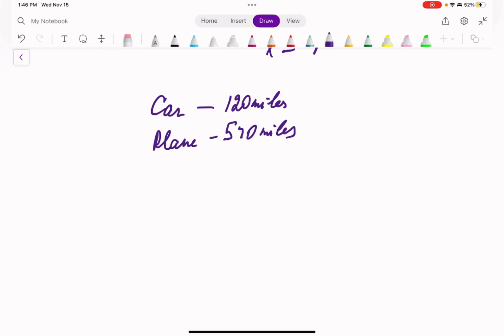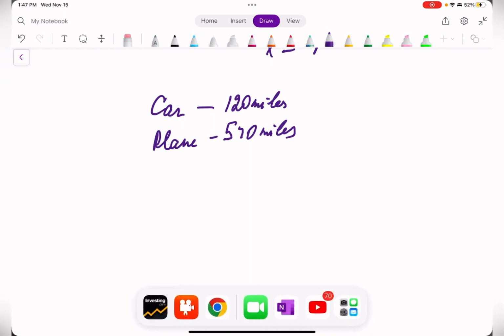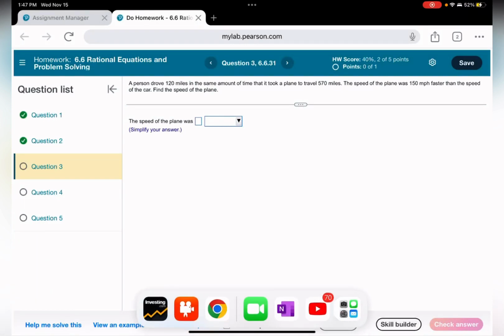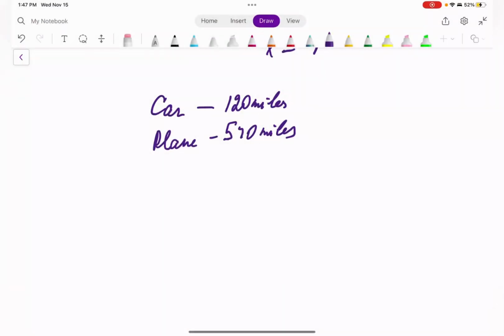Since the problem is asking to find the speed of the plane, that's what we are going to find. But we are starting with the speed of the car. It's going to be x miles per hour.